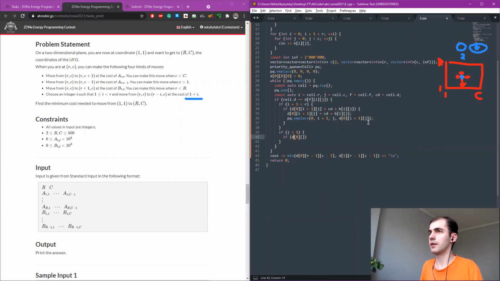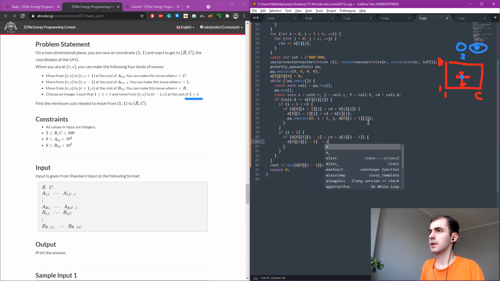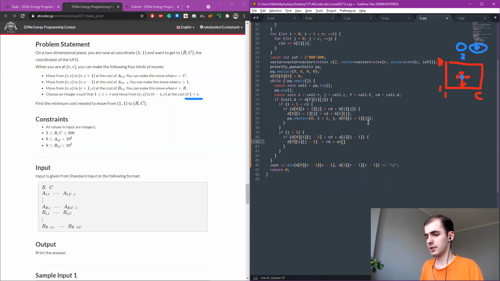No, it should be j. j minus 1 is greater than cell distance plus a. Let's be careful. b[0][i][j minus 1], I believe, is the term here. Yeah, there's nothing smart here.